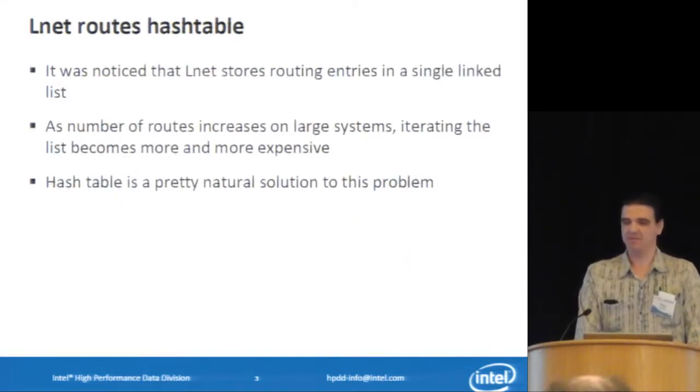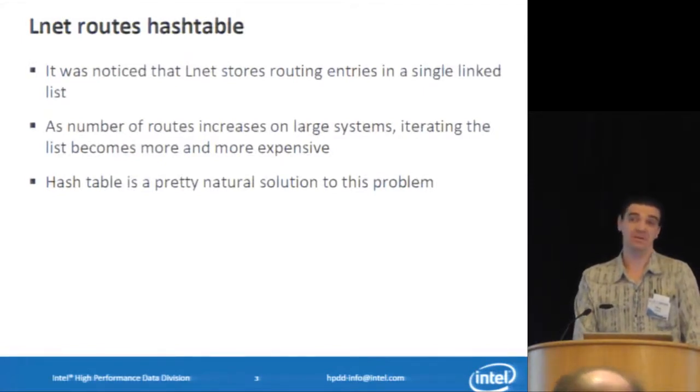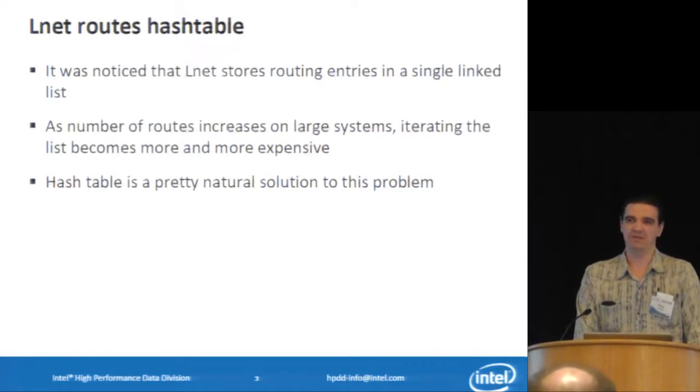The other thing that Fujitsu has noticed that nobody had noticed before, I guess because they have the largest routing deployment, is that the routing table in LNet is kind of strangely done. It's just a linked list, so when you have 1,000 routes, you need to iterate over 1,000 entries in the unluckiest case.